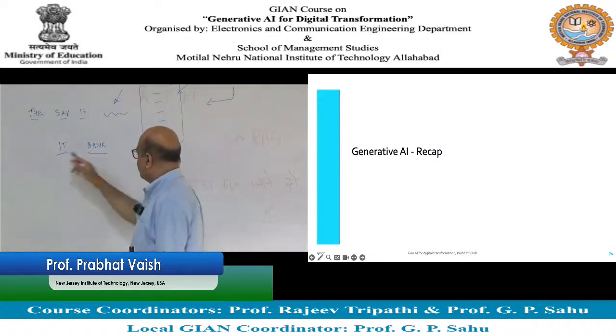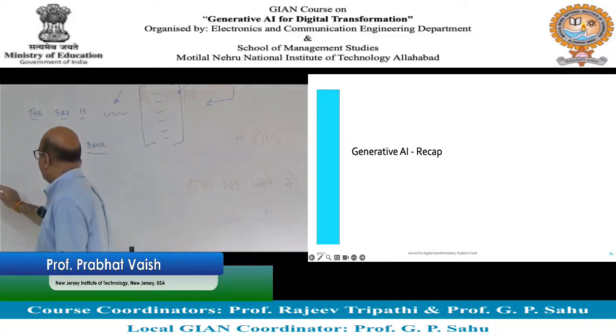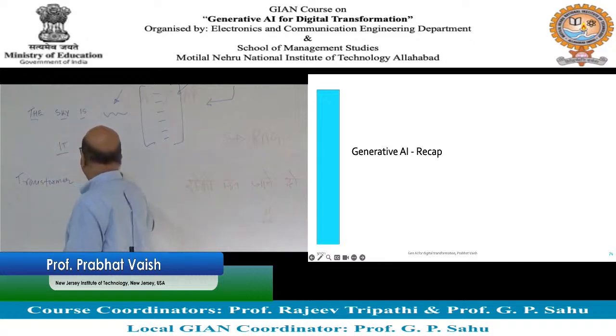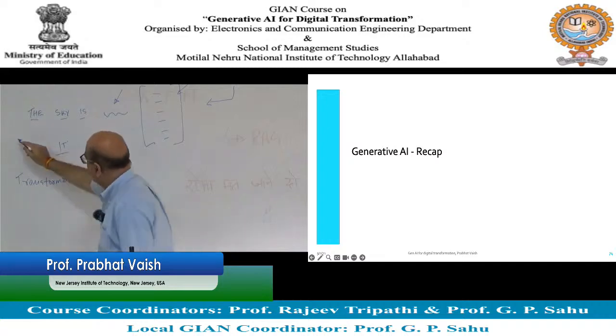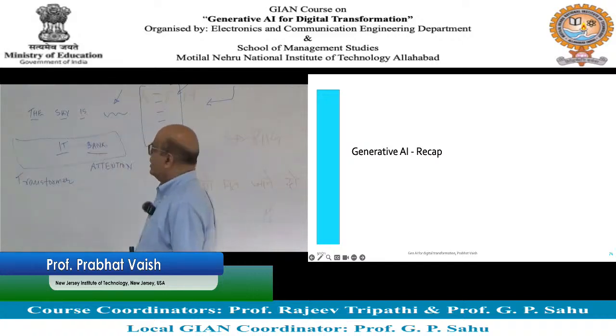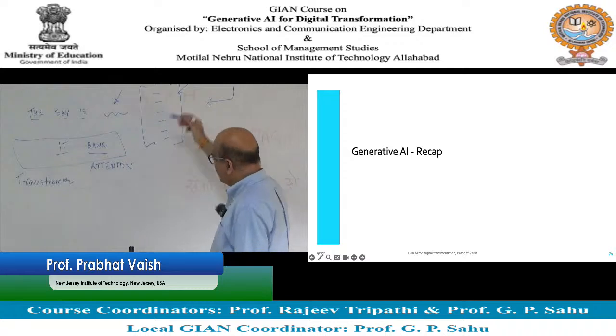To solve this problem, we said that we use what's called a transformer, which is based on the concept of attention. So whatever we talked about today was only trying to make this process more efficient. Eventually, this goal remains the same.